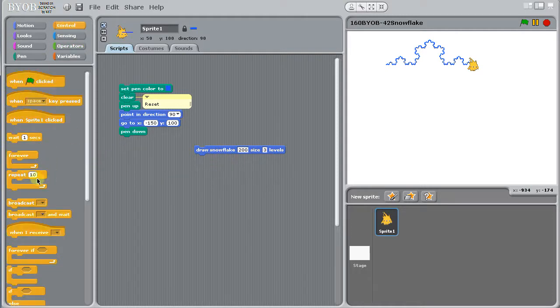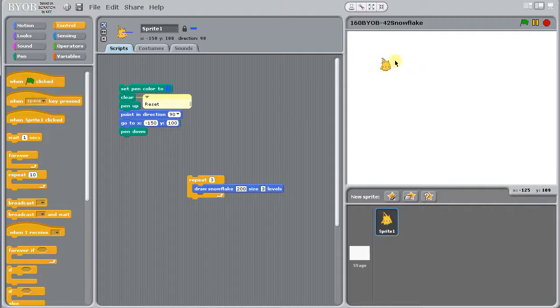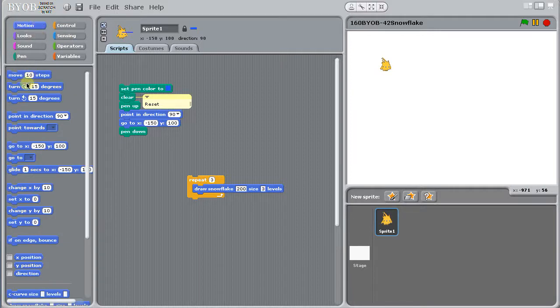So I can do that pretty easily by saying I want to do 3 times, draw me a snowflake, and I'm reducing the level so it doesn't take too long. And then to do a triangle, I need to turn 120 degrees. So we'll put that in, and all right, there's our snowflake.